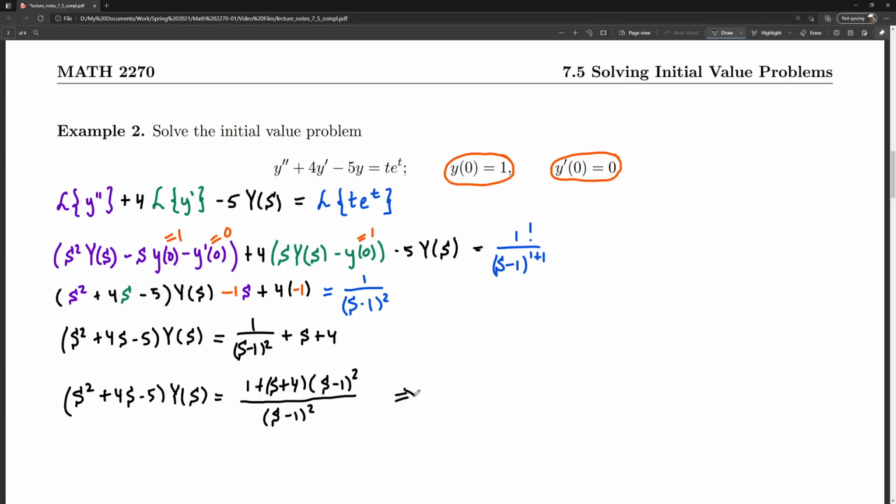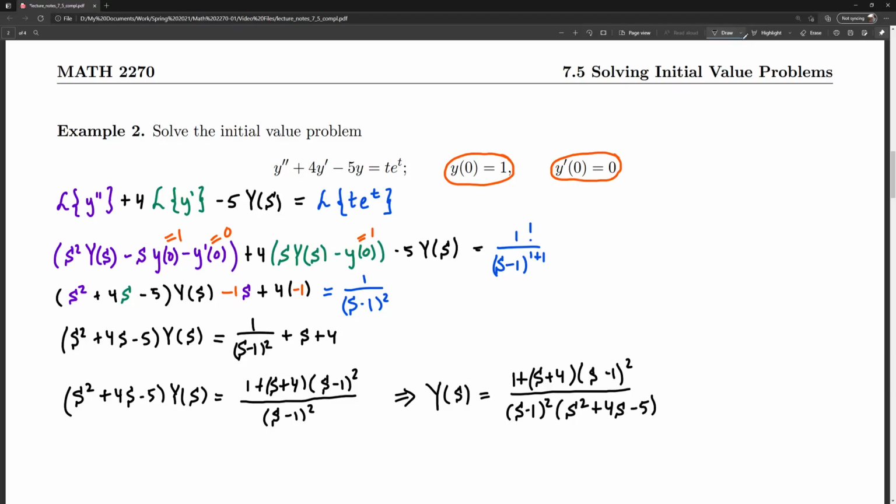And so it follows from that we can solve for Y of s, and that is equal to 1 plus s plus 4 times s minus 1 squared, all over s minus 1 squared, and then divided by s squared plus 4s minus 5.